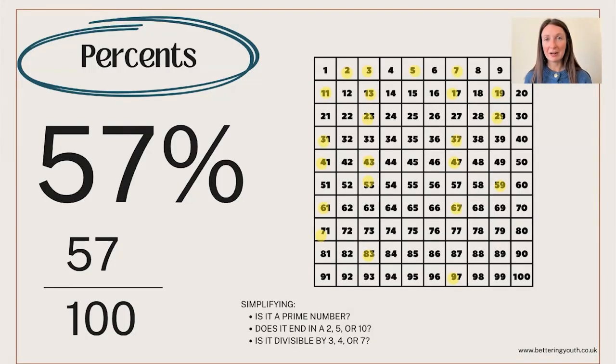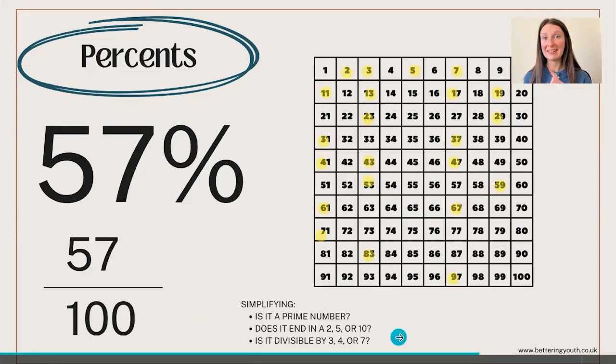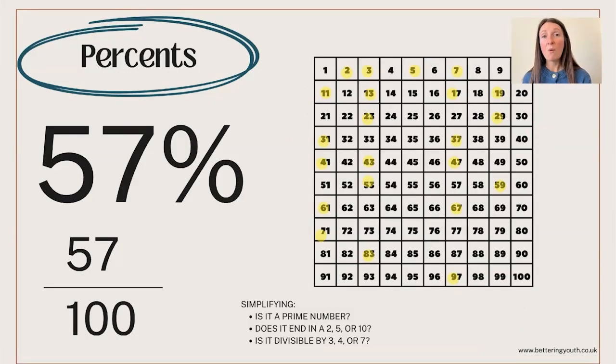So a prime number is a digit that only has 1 and itself as factors. Another way of looking at it, it means that only 1 and itself can fit into that number. So I've gone ahead and shown us on this 100 square what all of your prime numbers are. It's really important for us to know them.